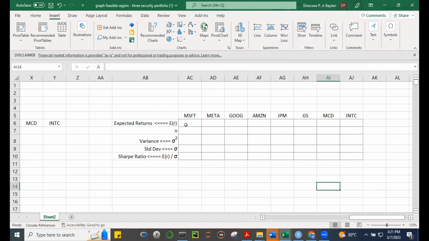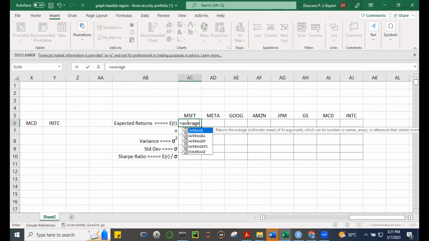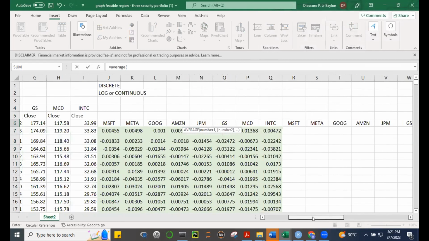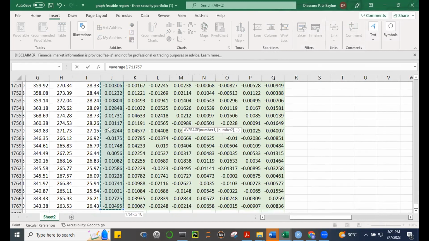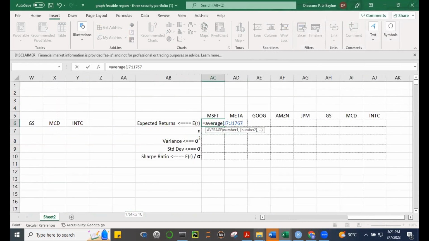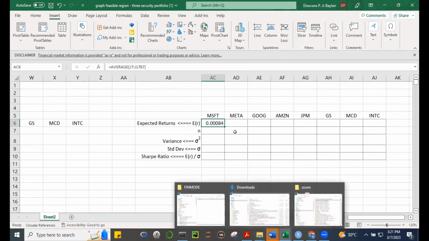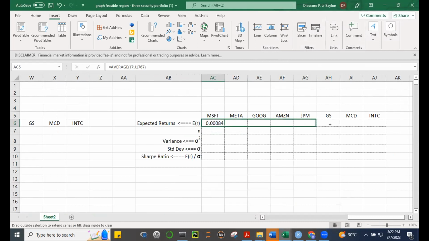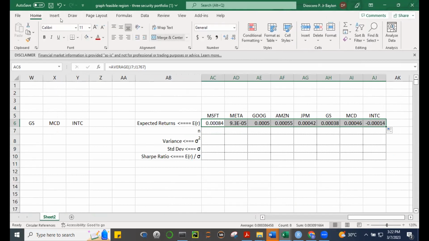So the expected returns will just simply be the average of our returns, of our continuous returns. So that's from Microsoft. Control Shift down arrow, Control backspace. We go back here. Control Enter. Then we can just copy it to the right. There. Maybe we can make this as %.